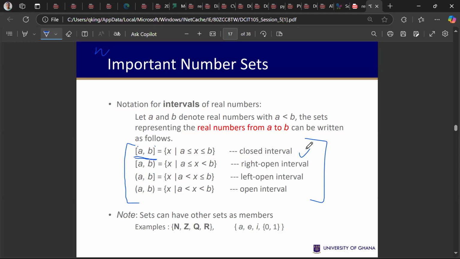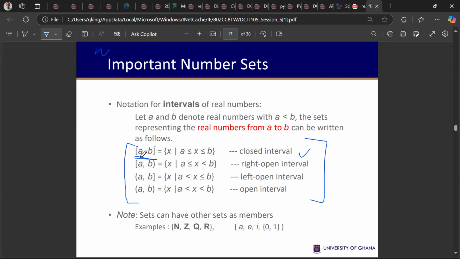With a square bracket, let's take note that the square bracket indicates that the endpoints a and b are included in the interval. When you check the square bracket, you could see that both of them are closed. And so hence, a closed interval.